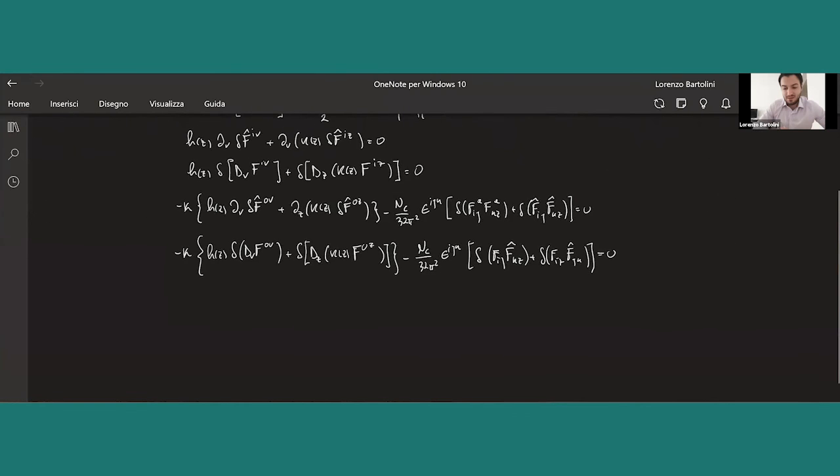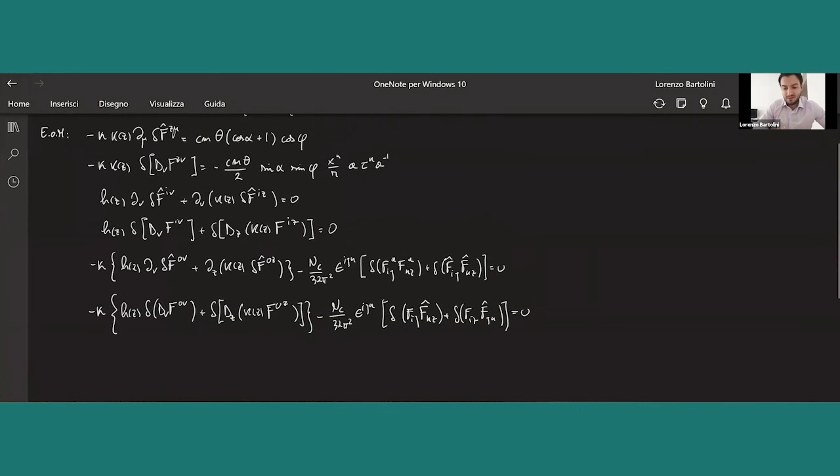Okay, so now we have this monster set of equations, and we want to solve them.